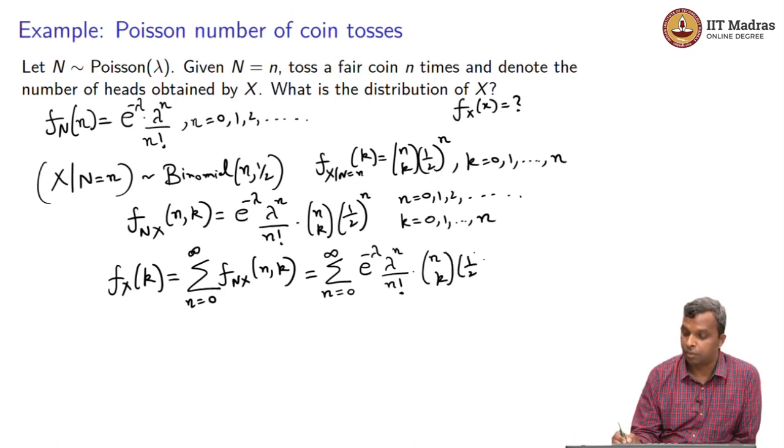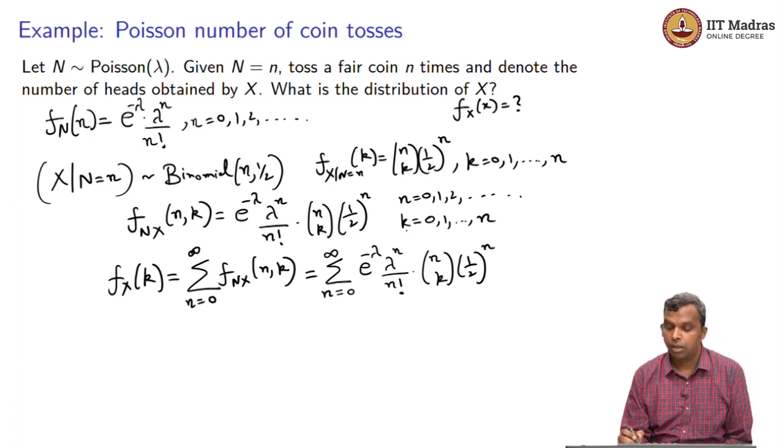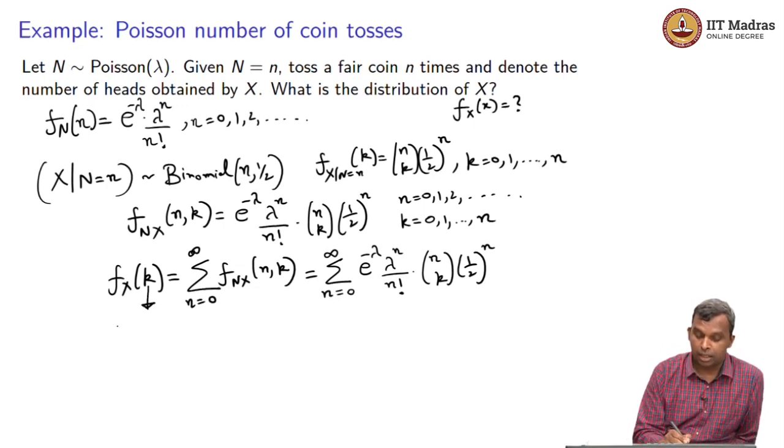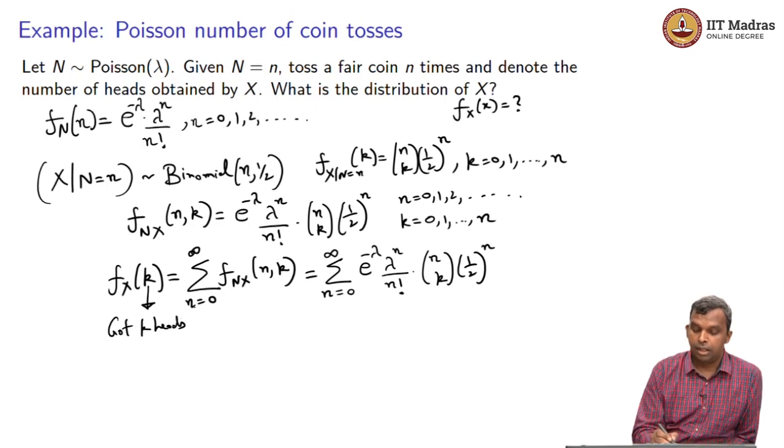So, you will see here, k goes from 0 to n and n keeps going. Now if I fix the value of X at k, I got k heads, right. So, if n is below k, this whole thing will go to 0. So, you have to be careful here. This n equals k to infinity is a big step here.